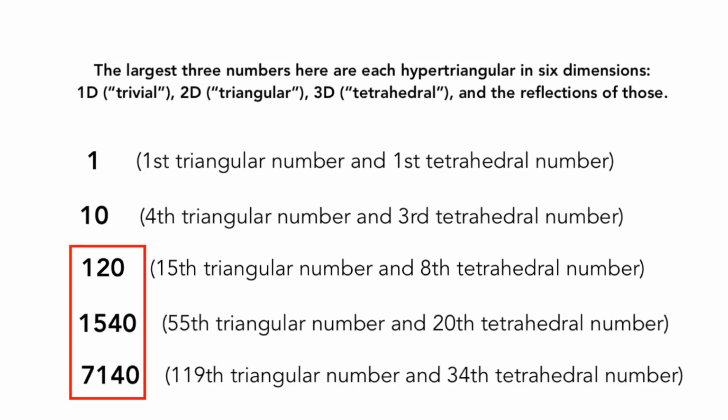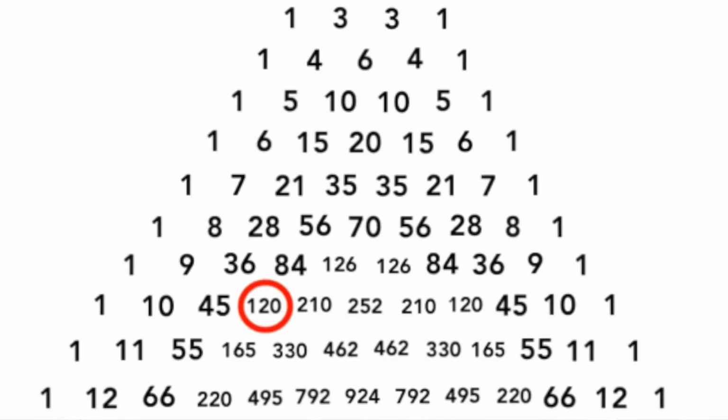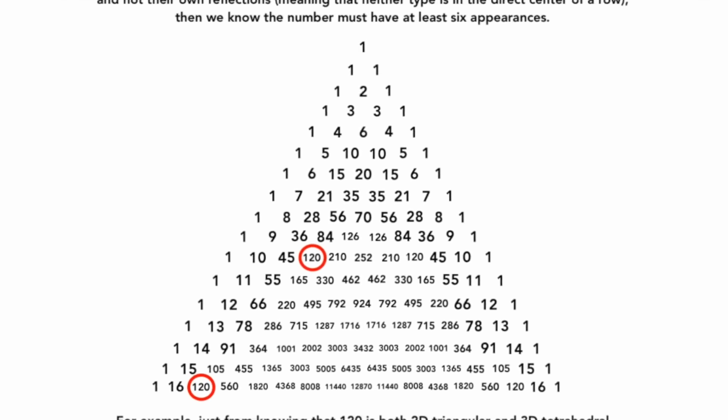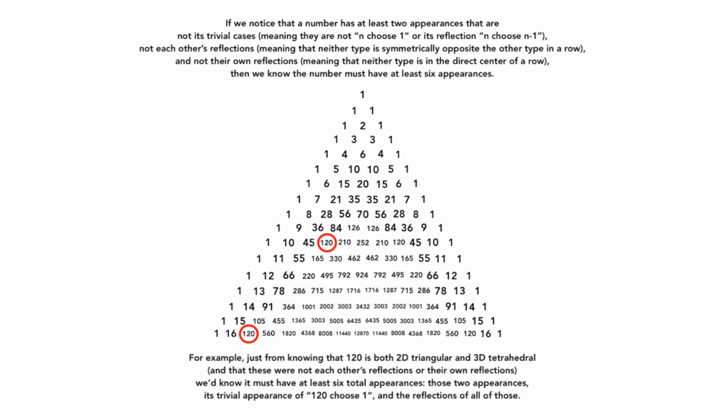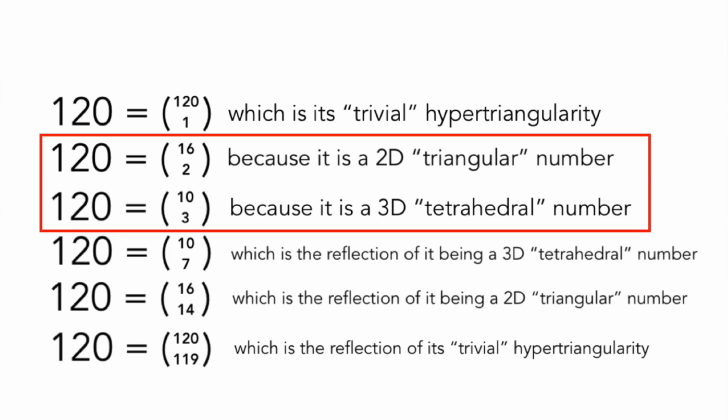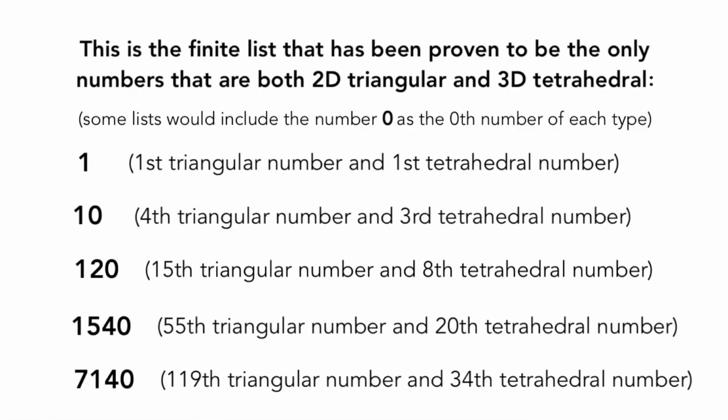Now, this list is finite, but to appear in Pascal's triangle 6 times, you really only need to be hypertriangular in 2 different dimensions that don't overlap in any way with the trivial case or the symmetrical reflection of anything. And these were the numbers that fit that for specifically dimensions 2 and 3.